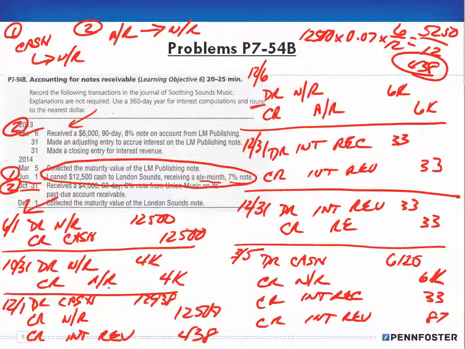And if you didn't understand something, go back, pause, rewind the video, watch it again. Definitely go back and watch the theory videos if you need a refresher on the idea of using interest receivable versus an accounts receivable.